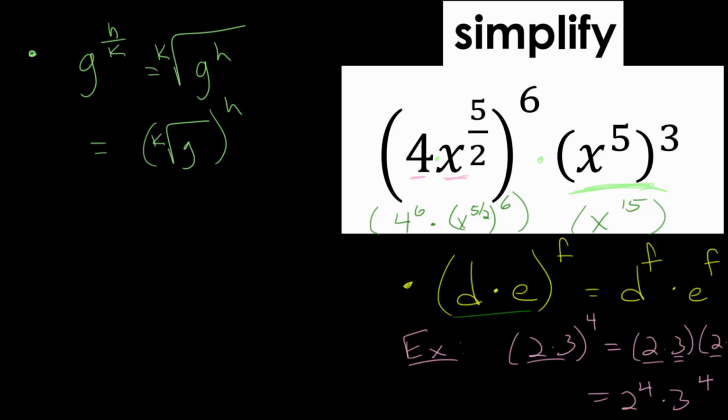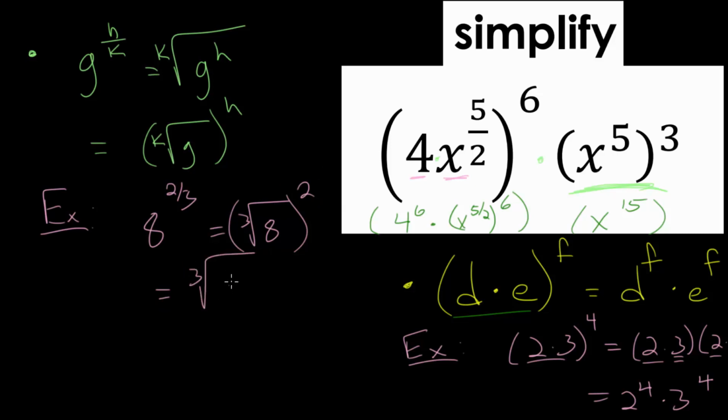So as an example, let's say we have 8 raised to the 2/3 power. And like I mentioned, the denominator just tells us the root we're taking of the number, and the numerator tells us what we're raising that to. And if we wanted, we could have done it the other way.